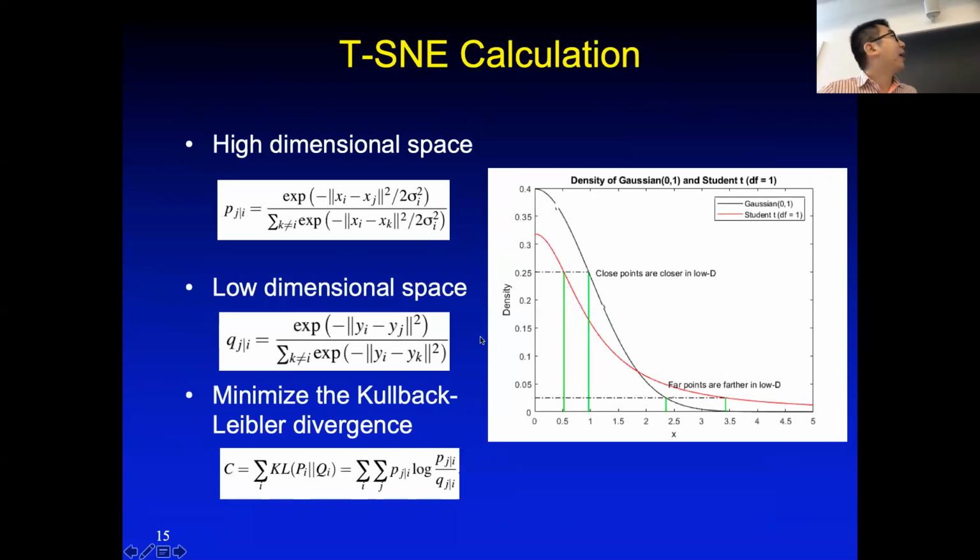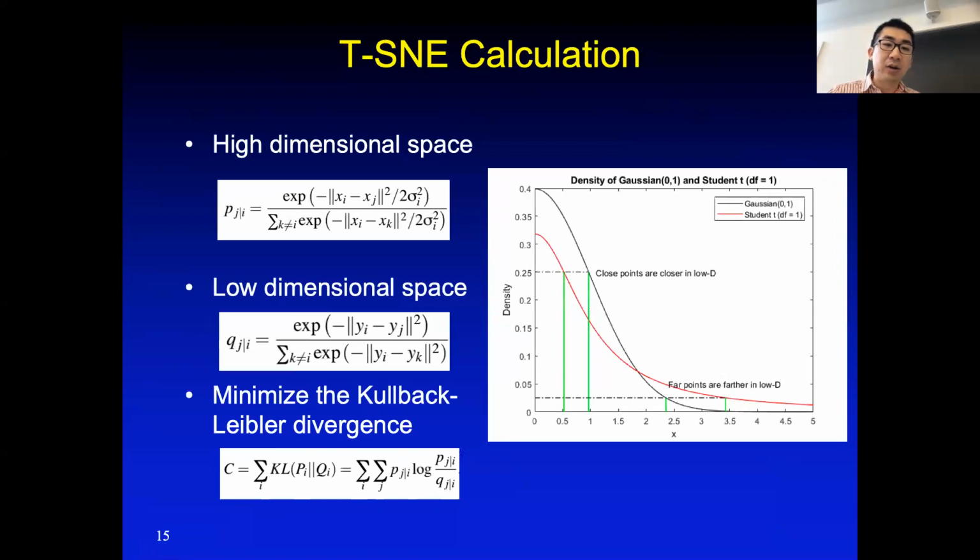What we're trying to do is to project these points from the higher dimension to a lower dimension. In the lower dimension, you can use some other distribution to calculate these probabilities. Because of the name t-SNE, we use the Student t-distribution to calculate the distance in the lower dimension. As you can see in the figure, it is the red curve.